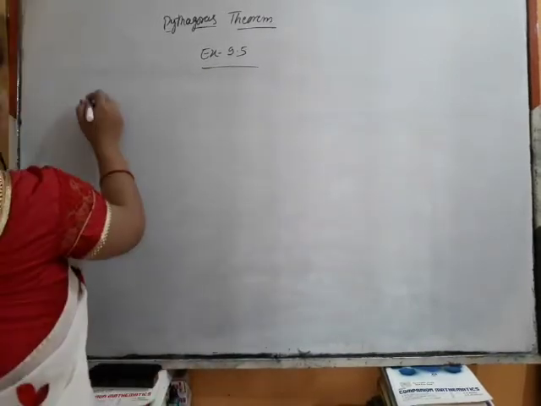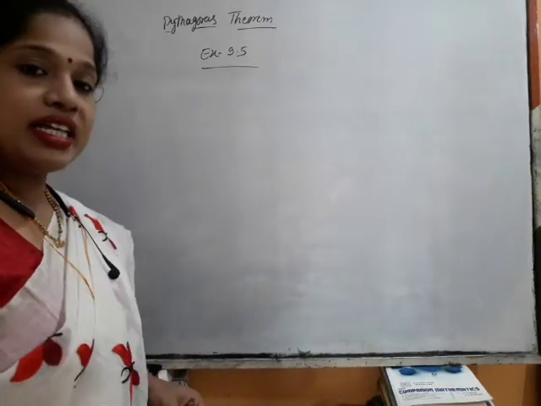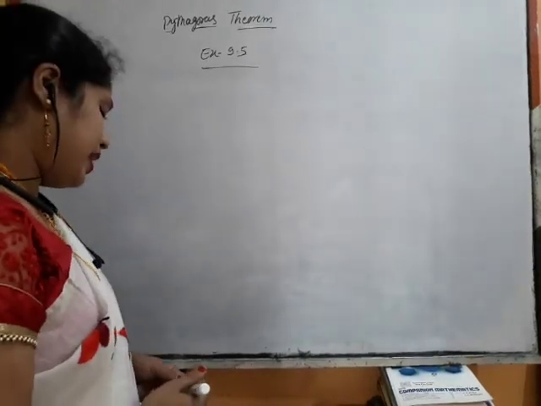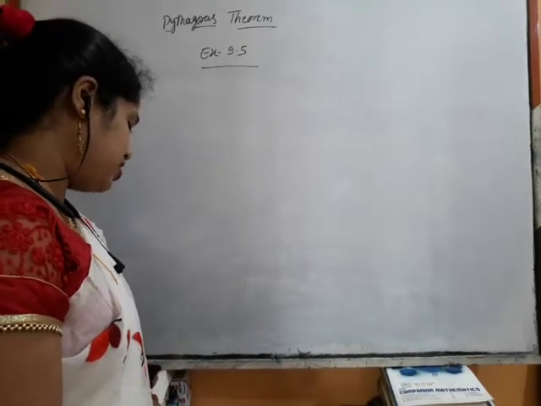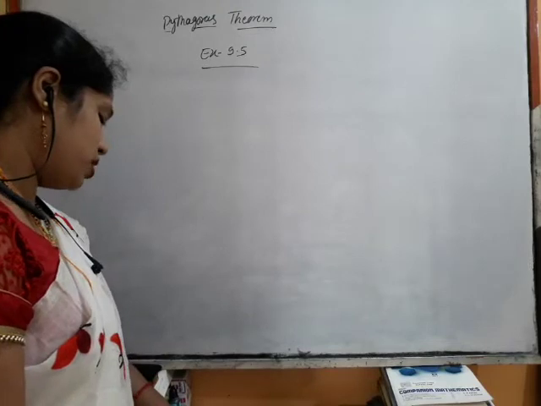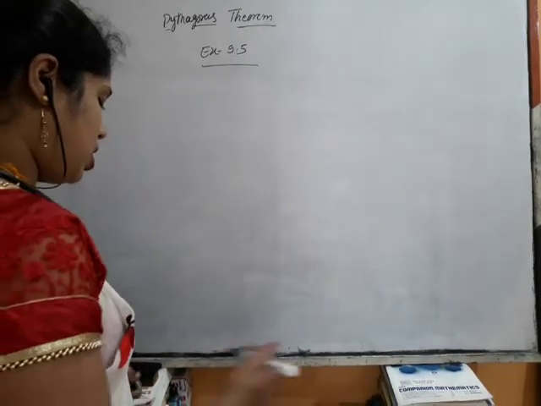Now the question number 2. PQR is a right triangle, right angled at P, and M is a point on QR such that PM is perpendicular to QR. So show that PM square is equal to QM into MR. Okay.